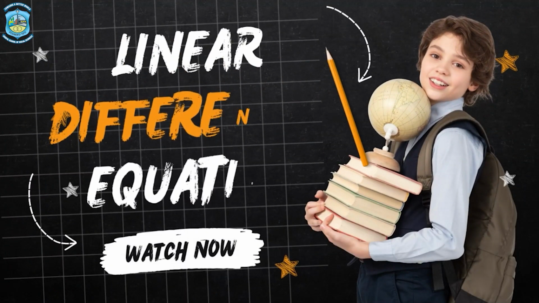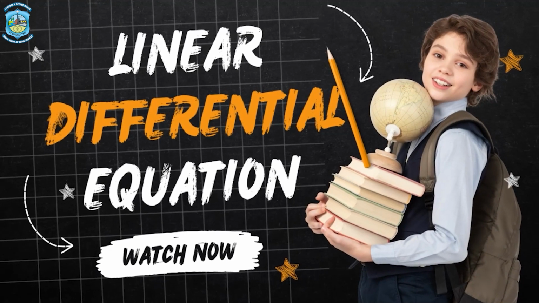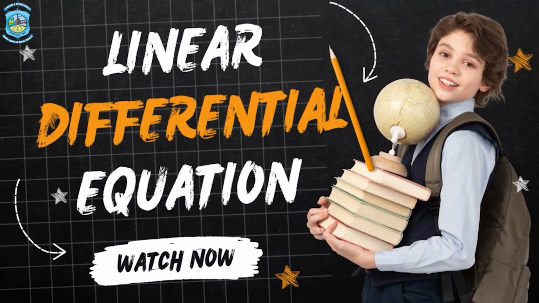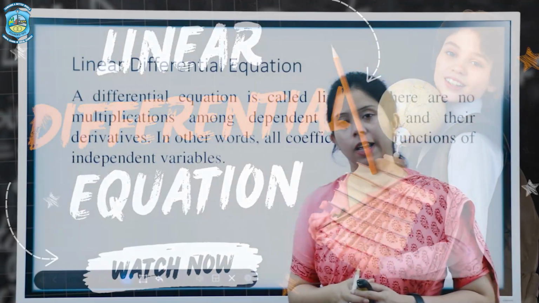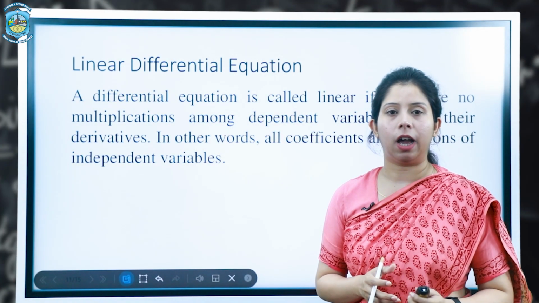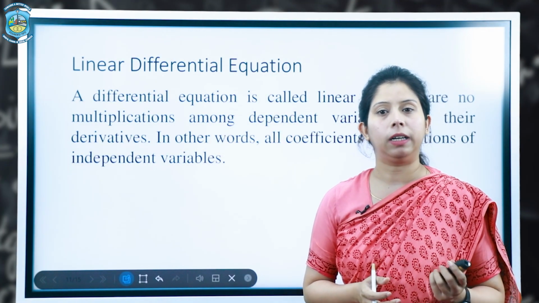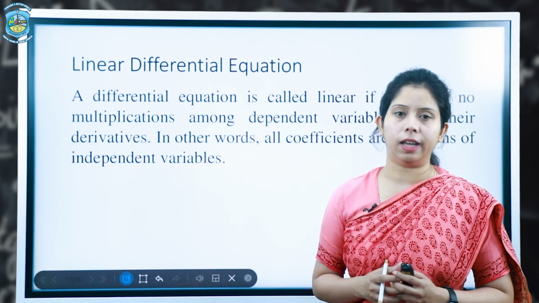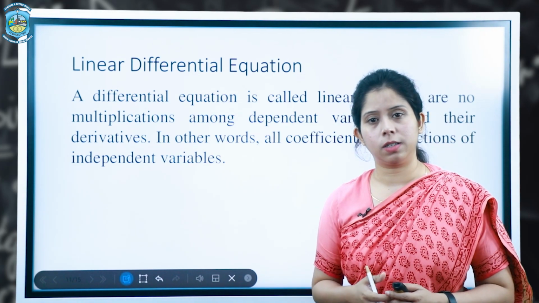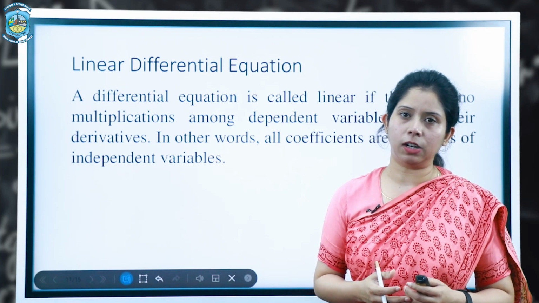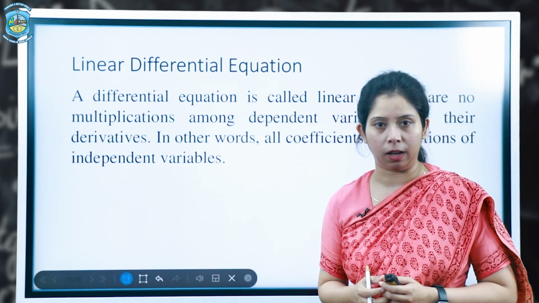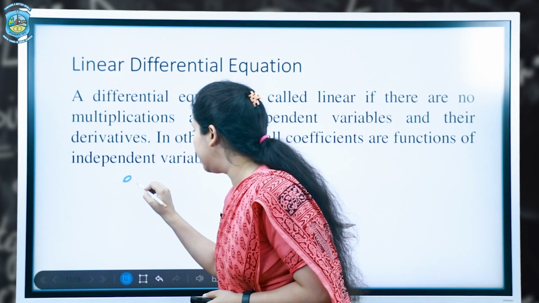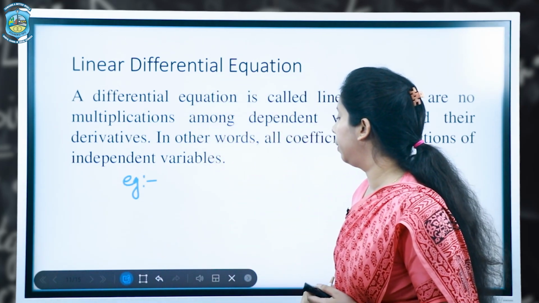So now let us understand the definition of linear differential equation. A differential equation is called linear if there are no multiplications among dependent variables and their derivatives. In other words, all coefficients are functions of the independent variable. Let us understand this with the help of an example.